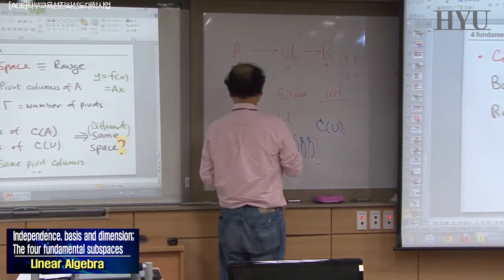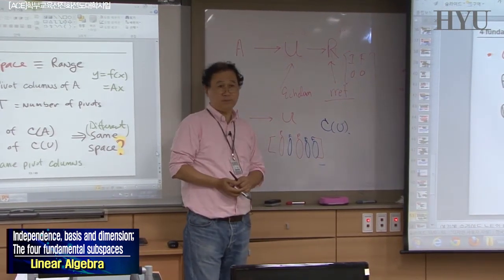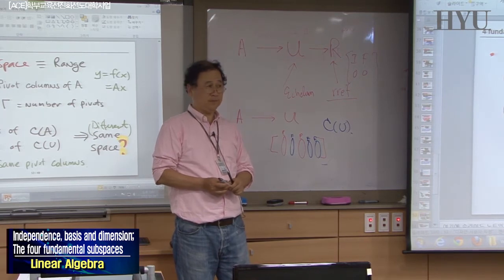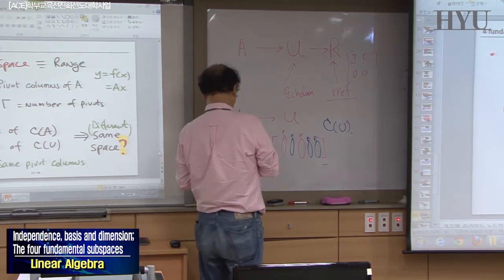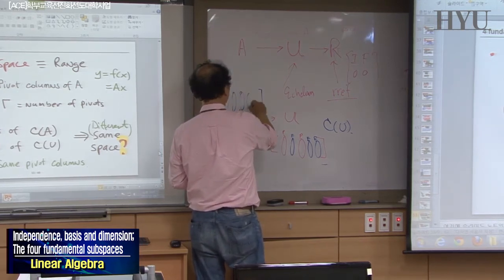Then in that case, what's C(A)? C(A) is, you had the original, whatever, you had 5 of them, right?